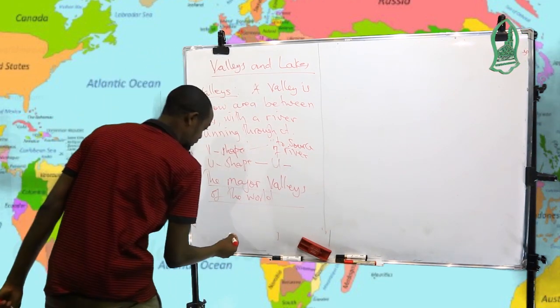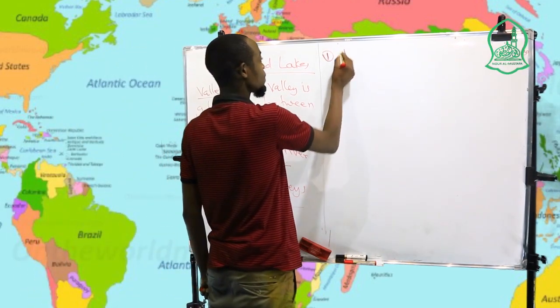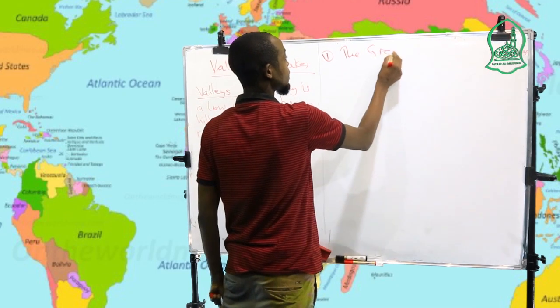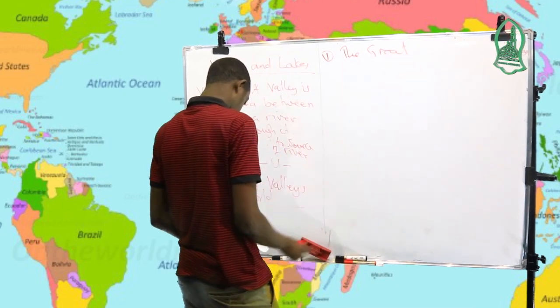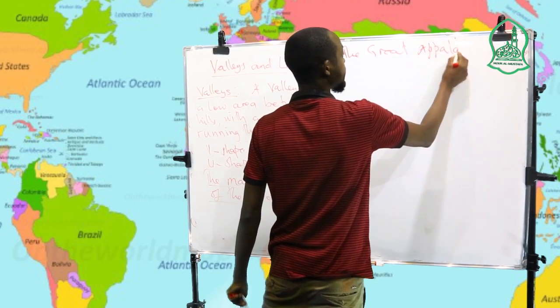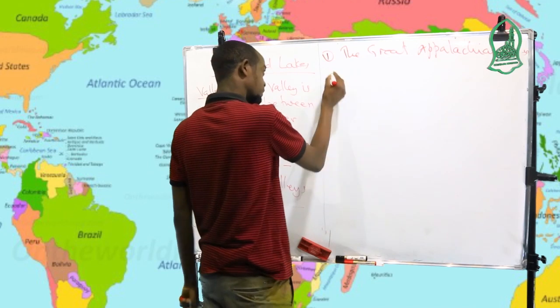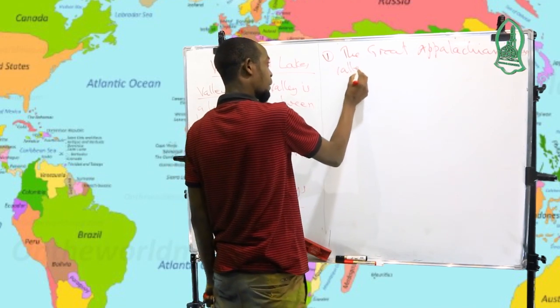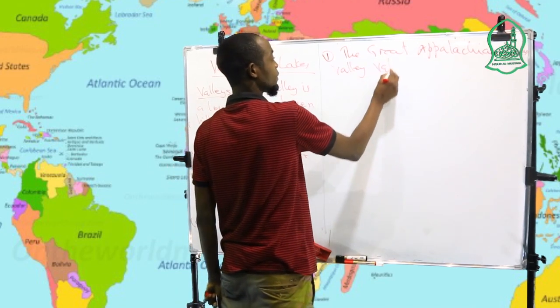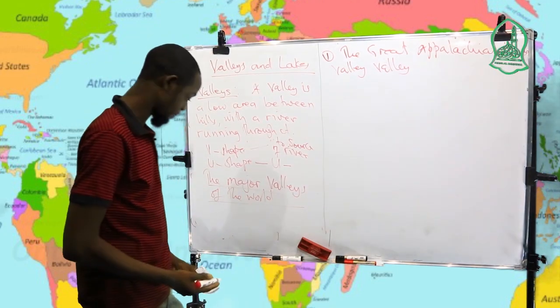The first one we have is the Great Appalachian Valley.